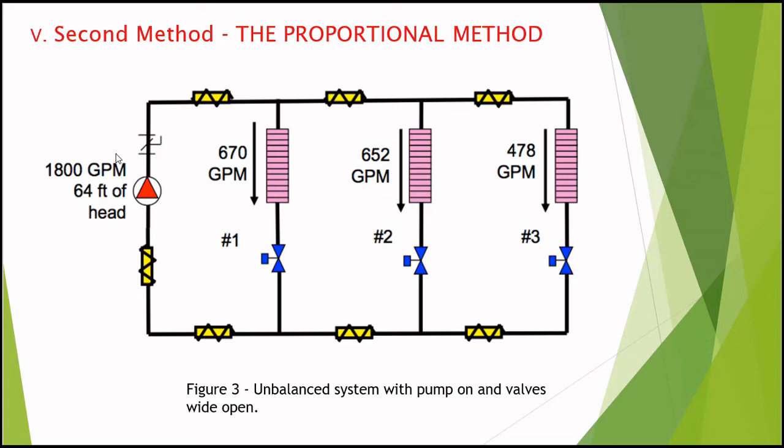You will get 1800 GPM, 64 feet head instead of 1500 GPM and 70 feet head. And you will not get 500 GPM in each terminal or each branch of the circuit.